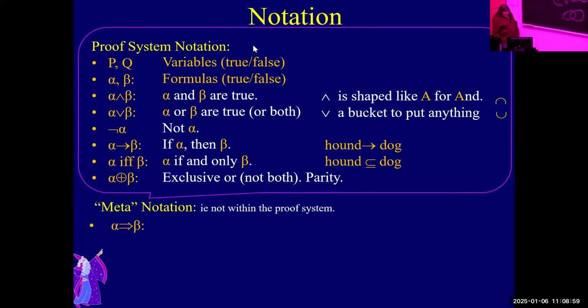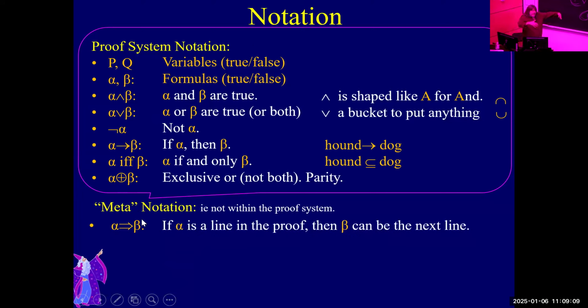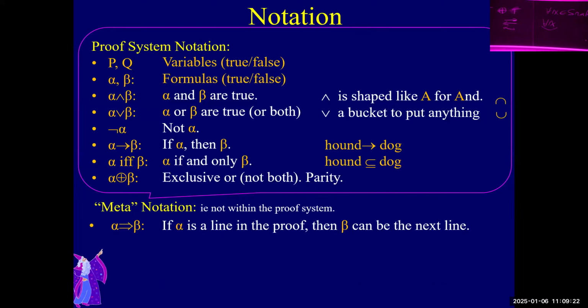All right. So now, what's the difference between this line and this line, right? This arrow here, it's a double arrow. And the difference is that arrow doesn't belong in a sentence of logic. It's talking about sentences of logic.